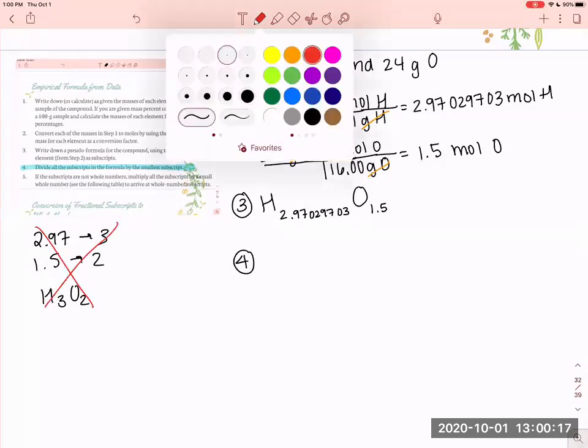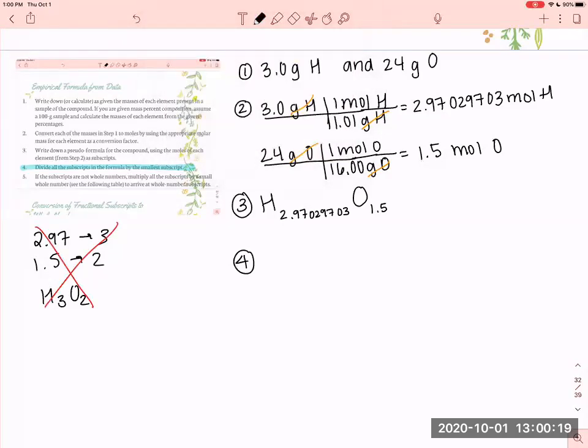Why can't we do that? Well, every mole is a huge number of atoms. So by rounding these moles, you're really changing the ratio of atoms in this molecule. So we really have to get almost perfectly whole numbers before we can do any rounding.